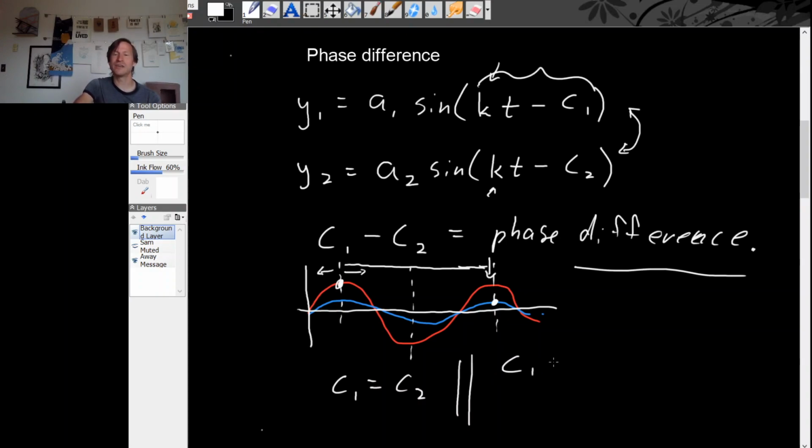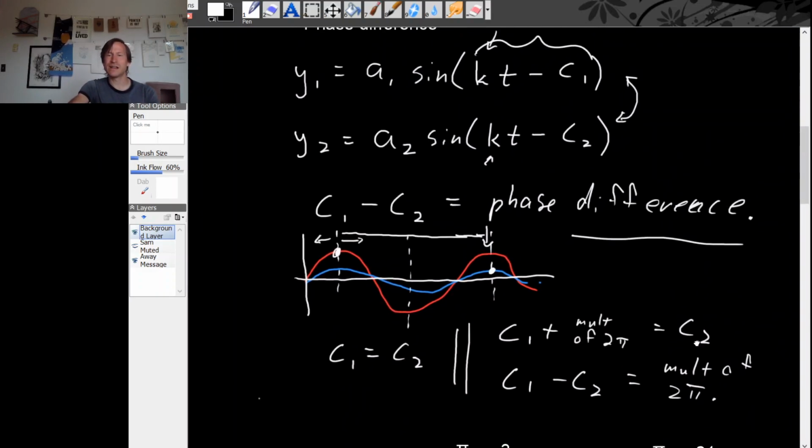We could have C1 plus any multiple of 2 pi to be equal to C2. So another way to say that is that C1 minus C2, or the phase difference, is some multiple of 2 pi.